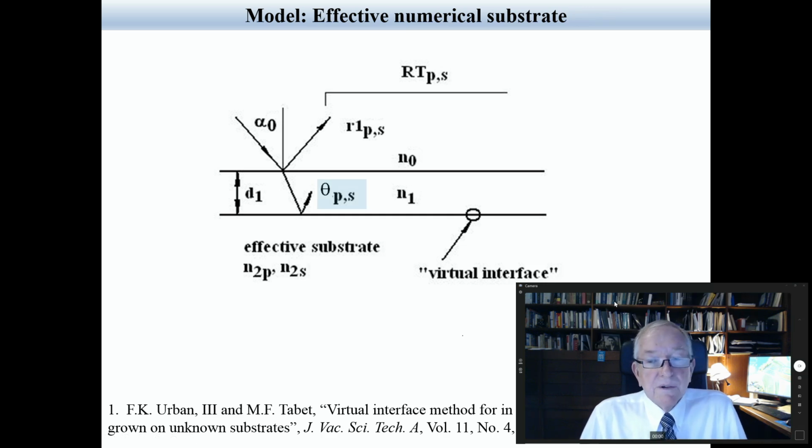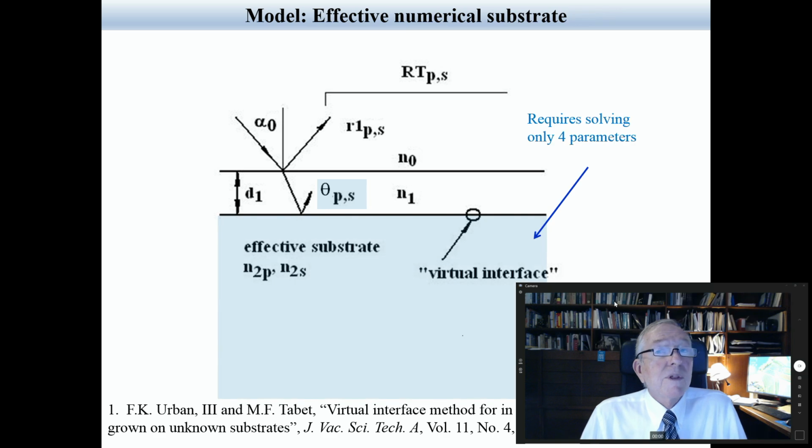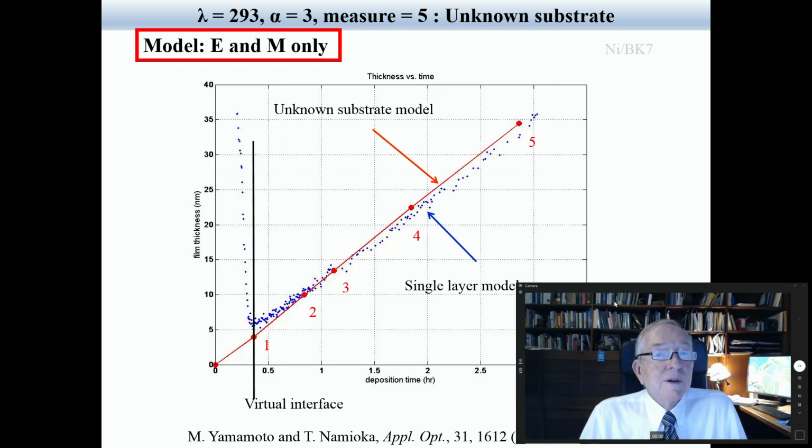That's been around 30 years anyway, more than. And here's the result of that, and you can see same data set as before, but just taking these 5 points in time and knowing nothing about the makeup of the substrate, we're able to get a nice fit of a solution, not a fit.